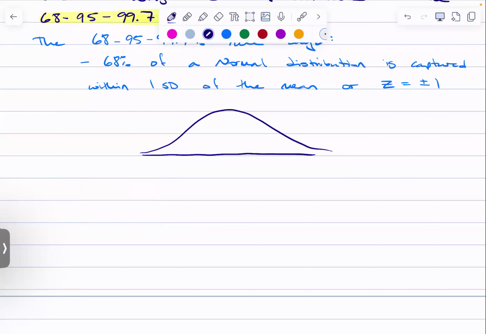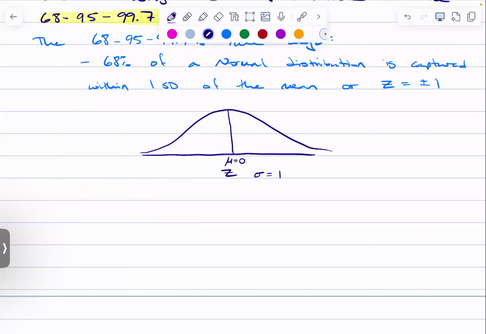But if we talk about Z, we know it is centered with a mean of 0. We also know Z has a standard deviation of 1.